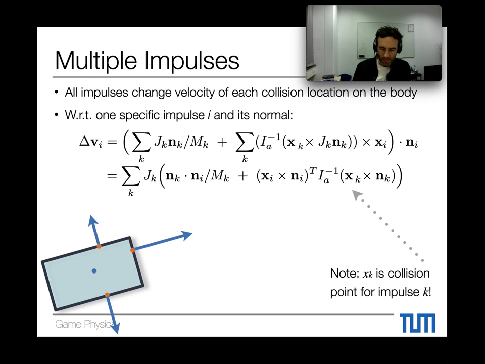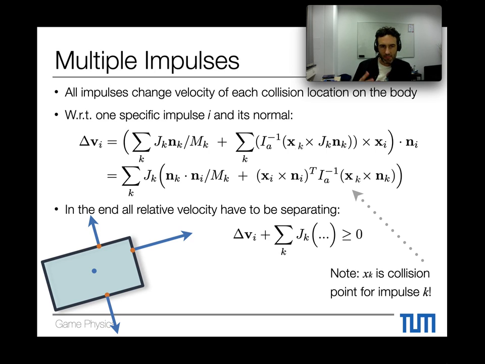Right, so nonetheless, it looks a bit non-trivial at first, but in a way we are just summing up the contribution from multiple impulses now. The key idea is that, in a way, no matter how many of these impulses we have, what needs to hold in the end is that once we apply the impulses, we need to fulfill this condition that we had.